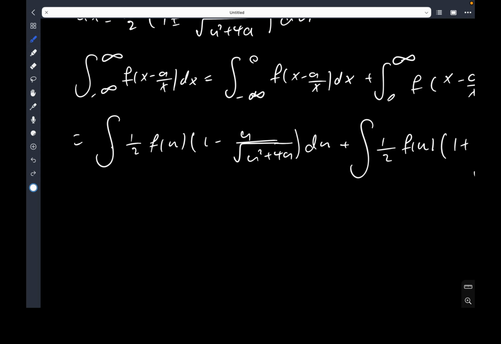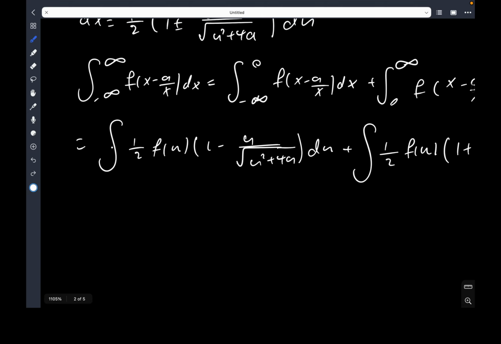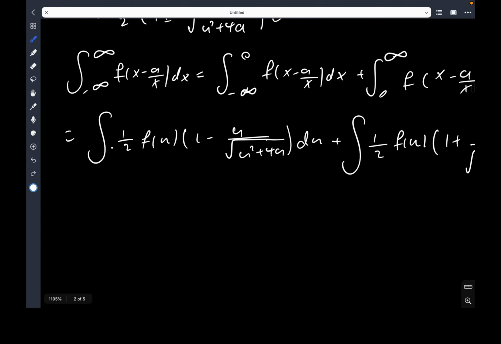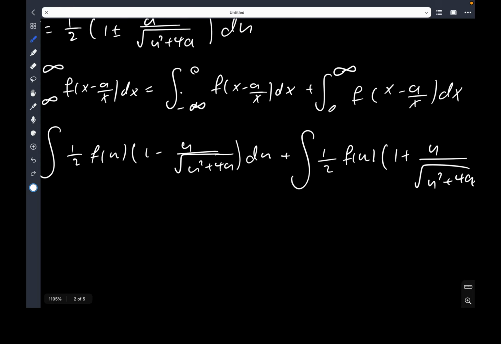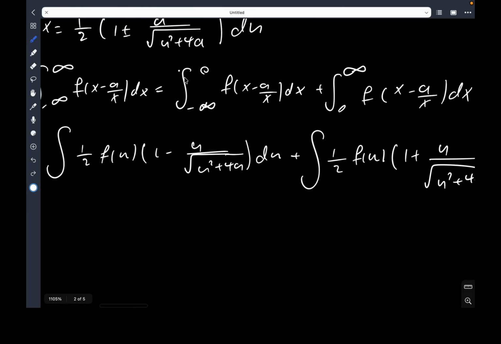So as x approaches 0 from below, I wrote it here. So we're going from infinity to 0, thus we're approaching 0 from below.